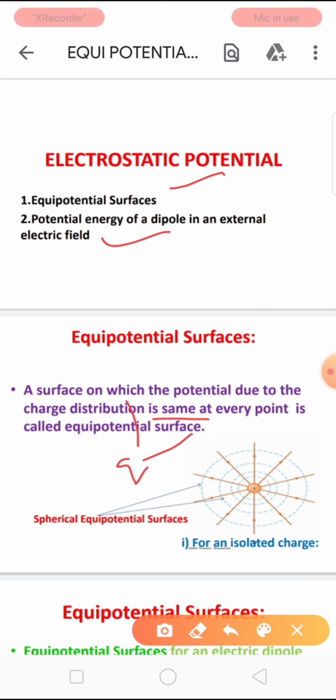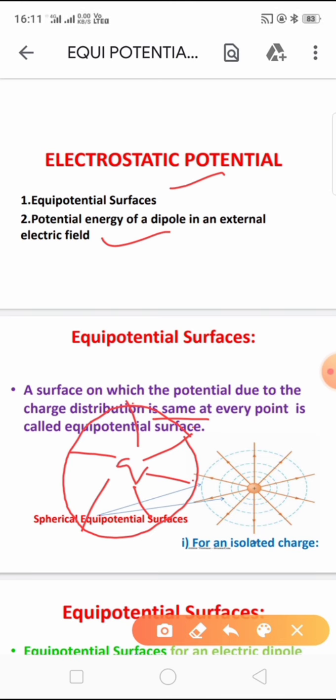At a distance on this side it is kQ by r, here kQ by r. If we consider distance r on all the sides, then potential at all these points is the same. That means this is the surface on which the potential value is constant.